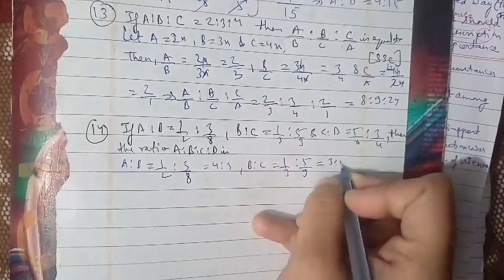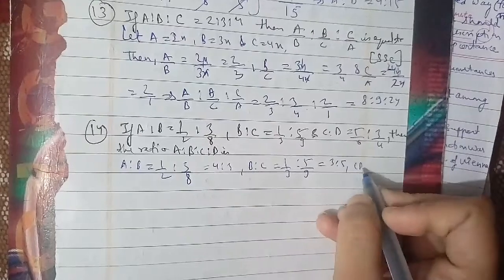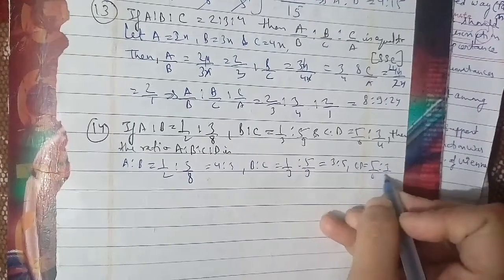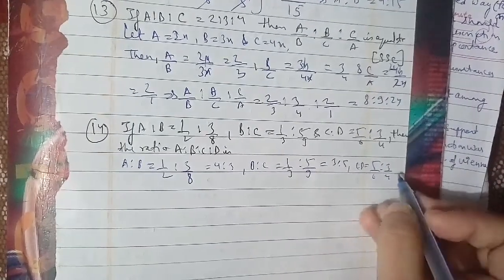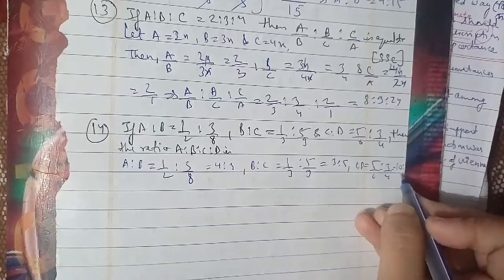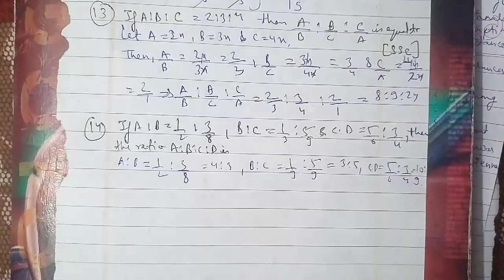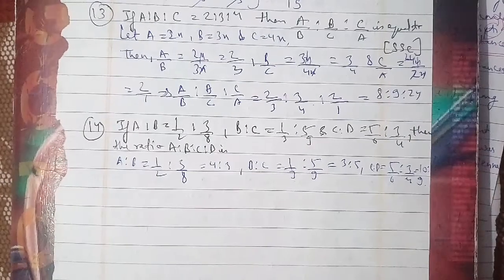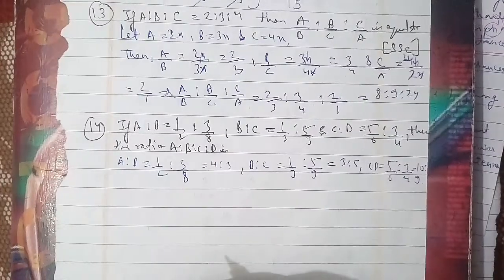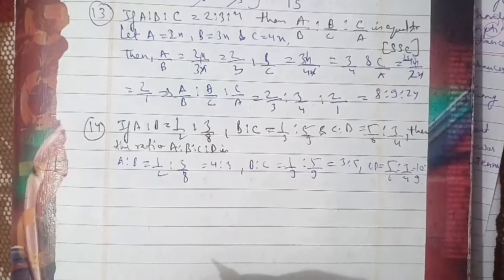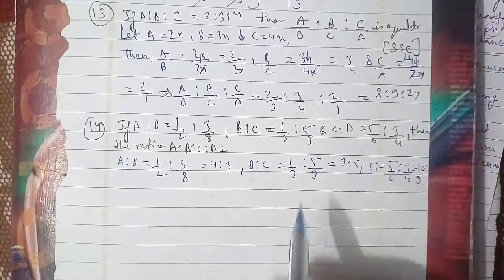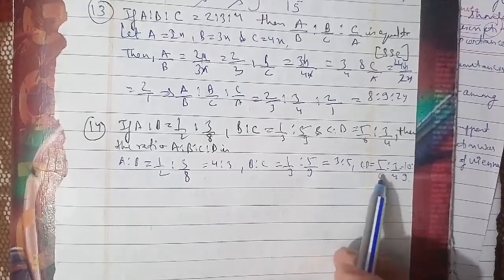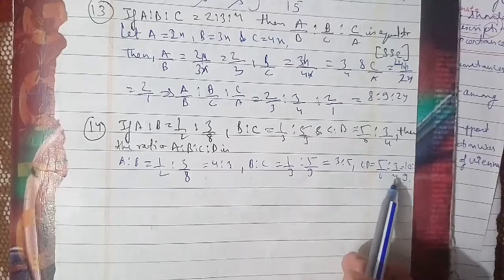C ratio D, 5:6 ratio 3.4, will be equal to 10:9. So here, A ratio B is 1 ratio 3 by 5 by ratio 9, which is 4 ratio 3.